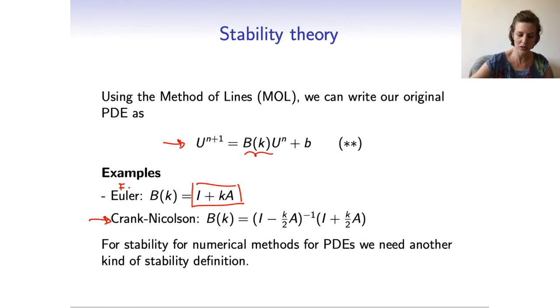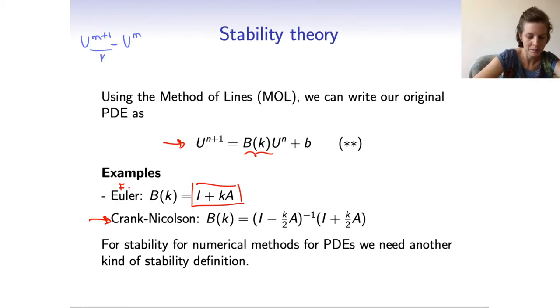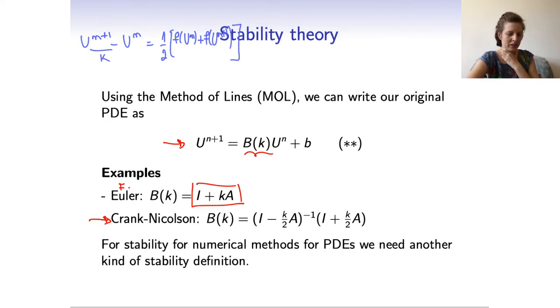You can actually show this because remember the trapezoidal method is like U^(n+1) minus U^n divided by K, and then here you are going to have 1 divided by 2 times your function on U^n plus your function at n plus 1, and if you apply this to our ODE system, you can see that your B_K function will be given like this, okay?